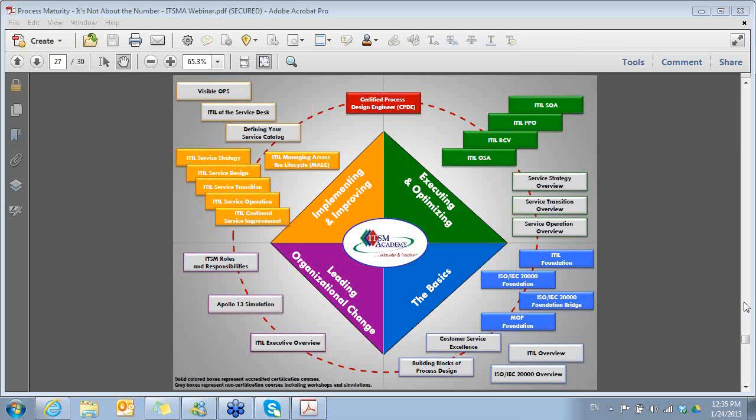The other thing I have to say is, oh my God, this is going to take way too long. Understand that at some point, if you have truly interfacing processes, one process is going to start to mess with another process's metrics. For example, if you have a good problem management process, at some point it's going to affect your incident management process metrics.